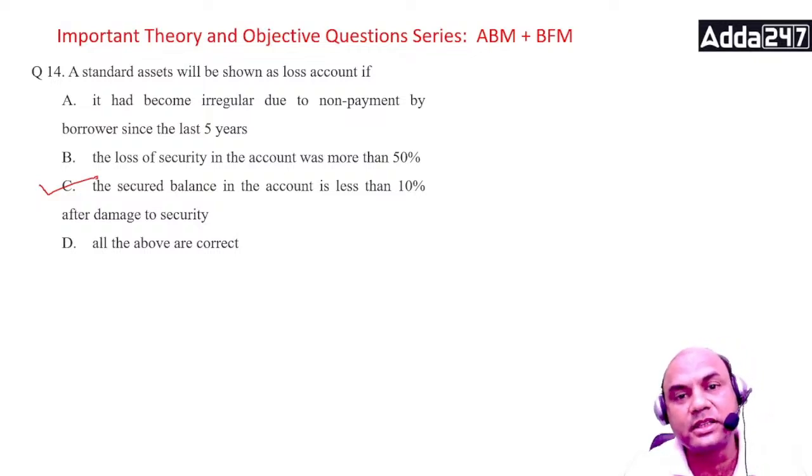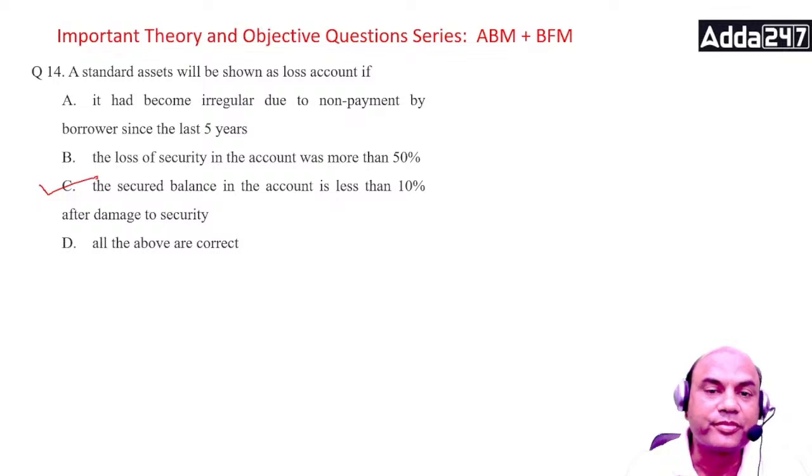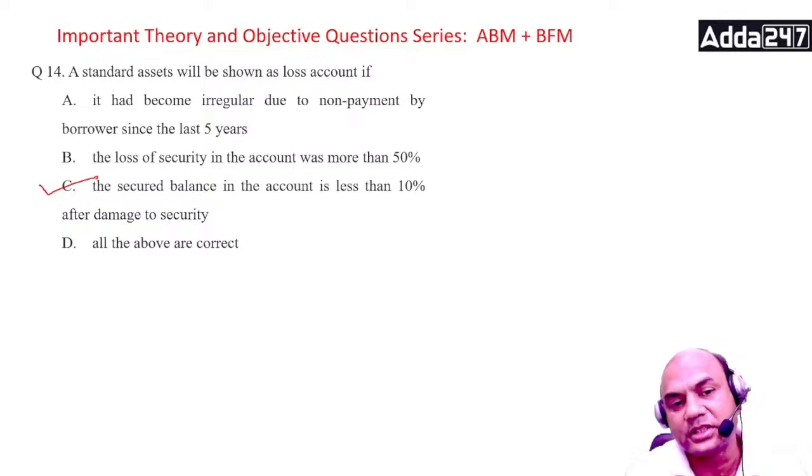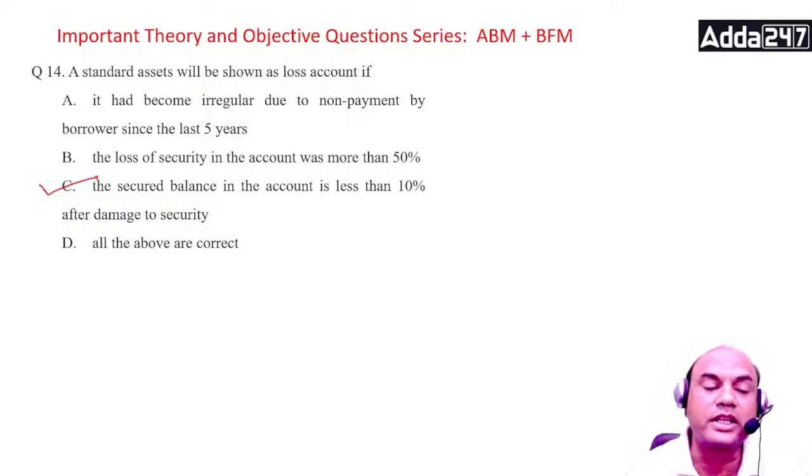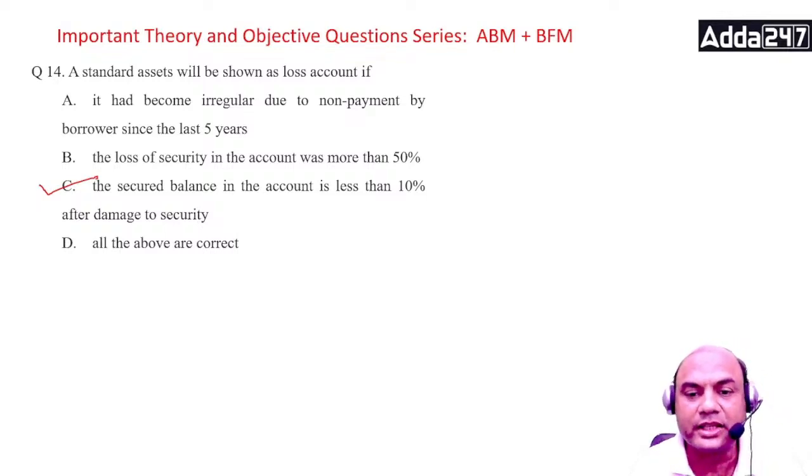If that remains less than 10% after the security has some damage due to rains, fire, or anything else, then this asset will be shown as a loss asset. Okay. Next one.